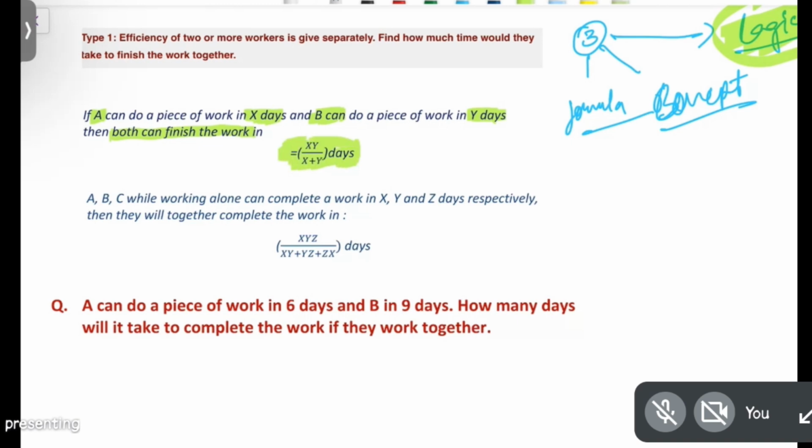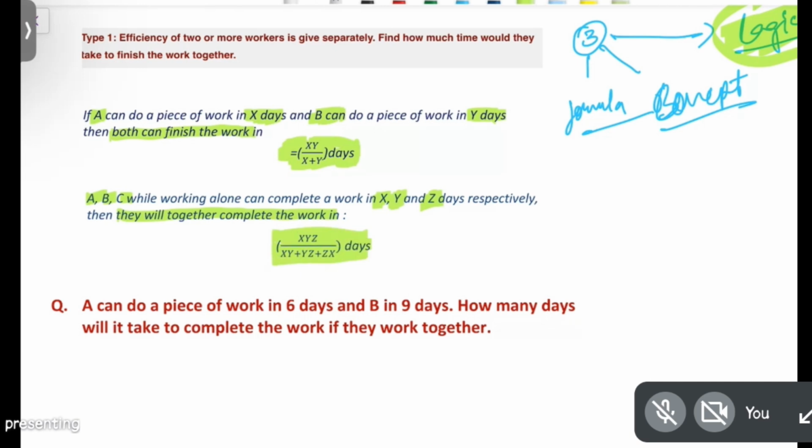Another one is, if A, B, and C can complete their work in X, Y, and Z days, which means A can finish that work in X days, B in Y days, and C in Z days, then if all of them work together, they can finish in these days. This is a formula that you need to memorize if you are going by the formula approach.